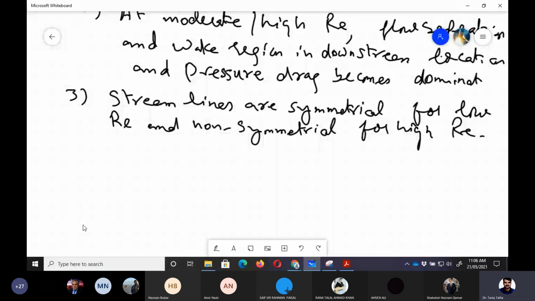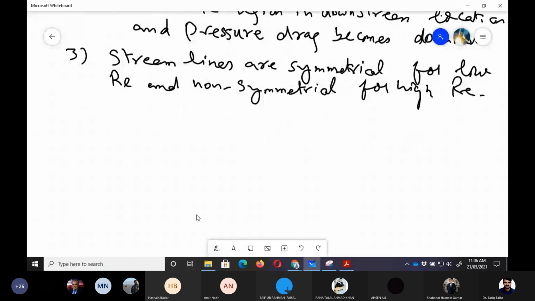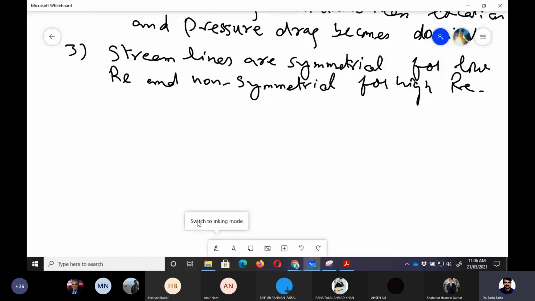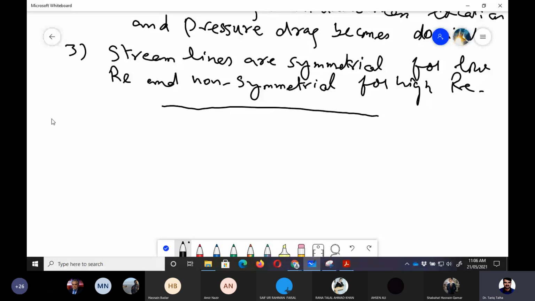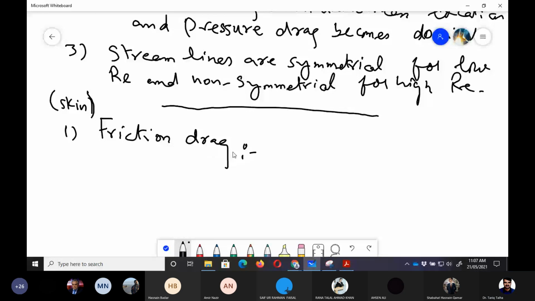As we discussed in the last class, let me write it here. One is friction drag, and we also call it skin friction drag, because it happens on the surface of that body.